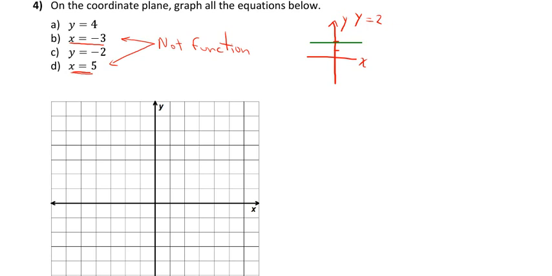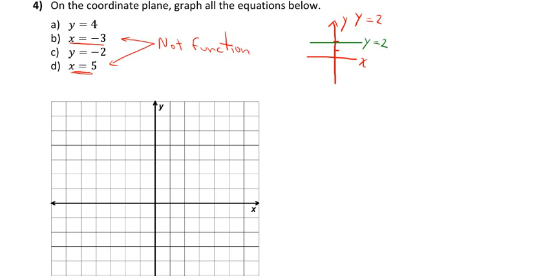Like that. So this would be the line y equal to 2.